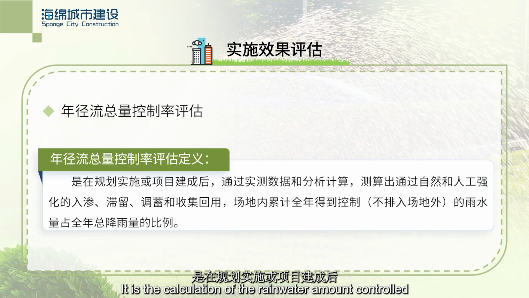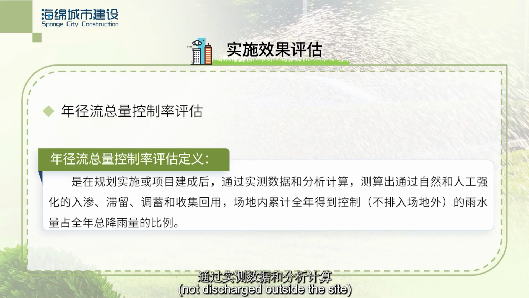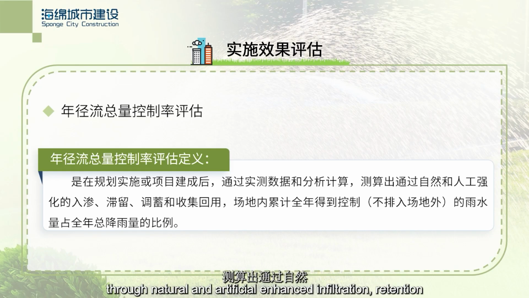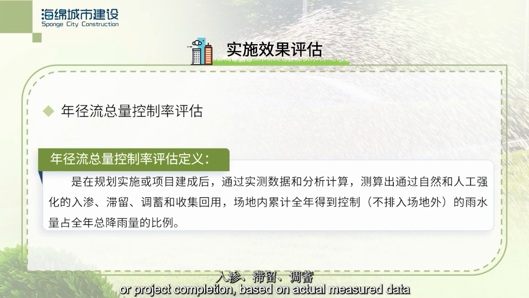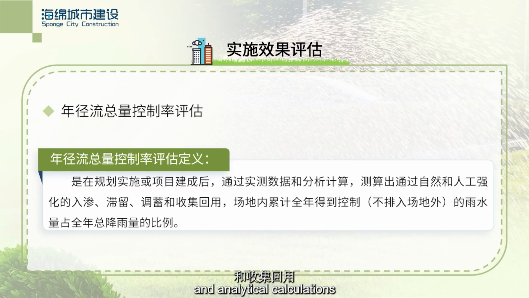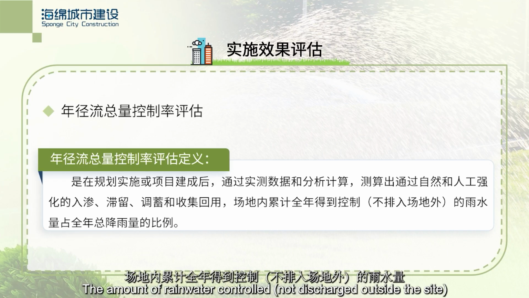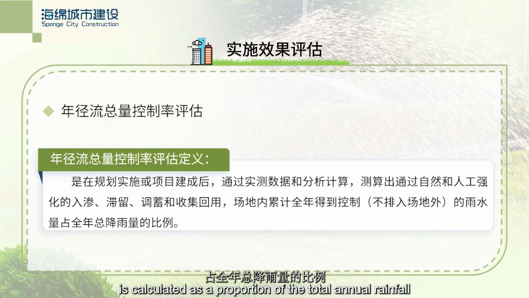It is the calculation of the rainwater amount controlled, not discharged outside the site, through natural and artificial enhanced infiltration, retention, storage, and collection and reuse after planning implementation, or project completion based on actual measured data and analytical calculations. The amount of rainwater controlled not discharged outside the site is calculated as a proportion of the total annual rainfall.